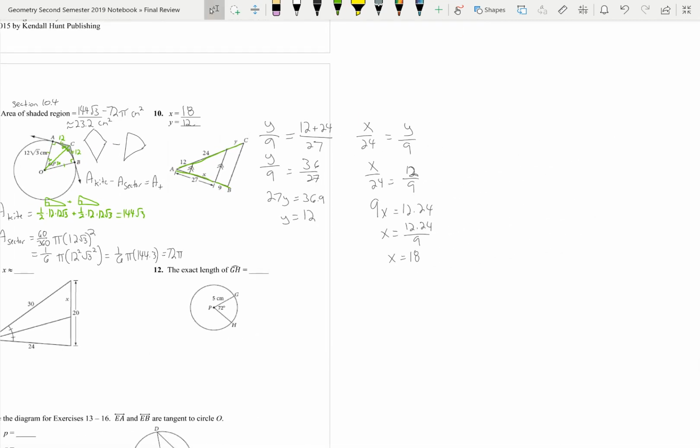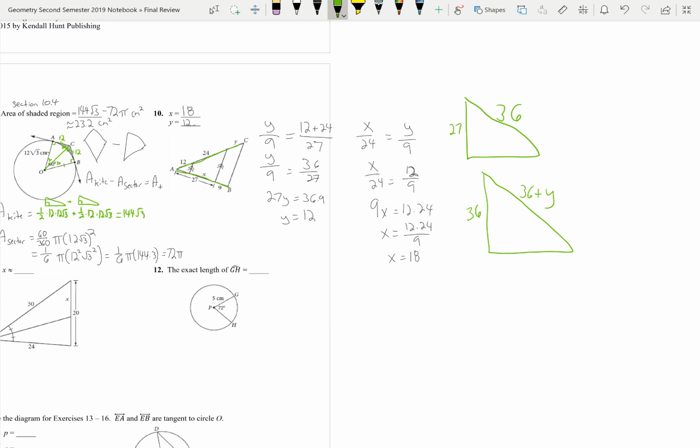One way you could think about it too is these triangles here are all going to be similar, right? So if you look at this triangle here, and this side is 27 and this side is 36, and then you draw this other larger triangle, this side here is 36 plus y, and this side here is 27 plus 9, which is 36.